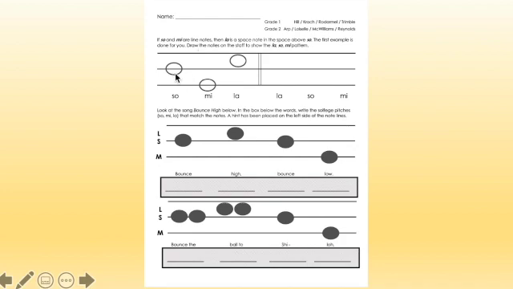Right here, this note is called so. So is on that middle line. Mi is on the line below so, and la is on a space above so.